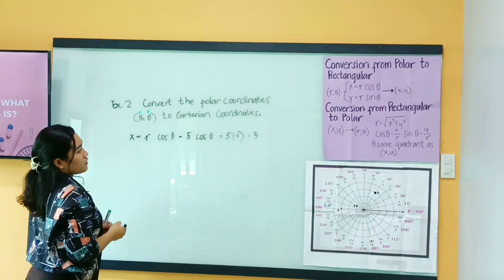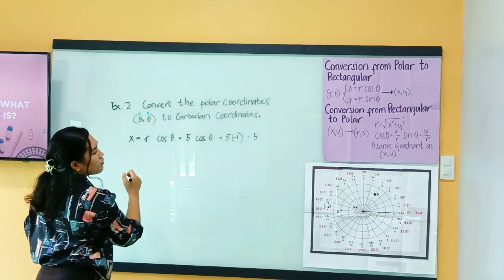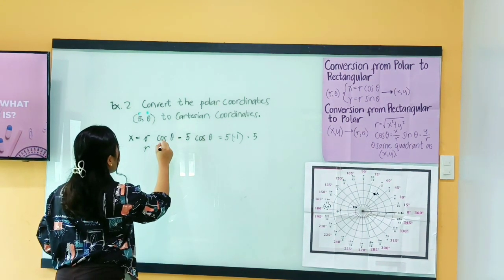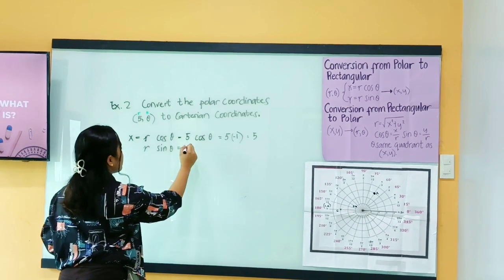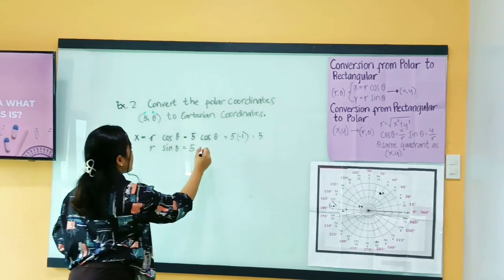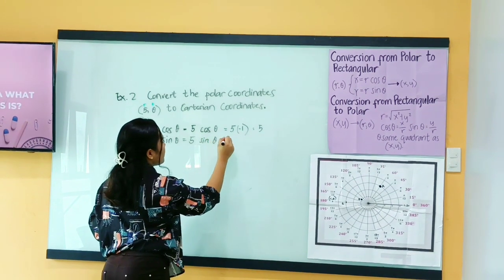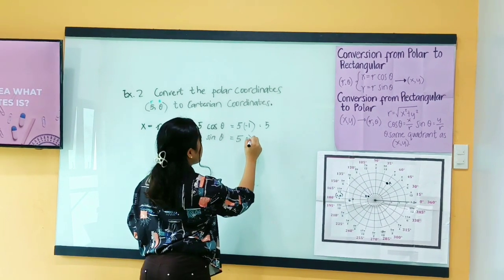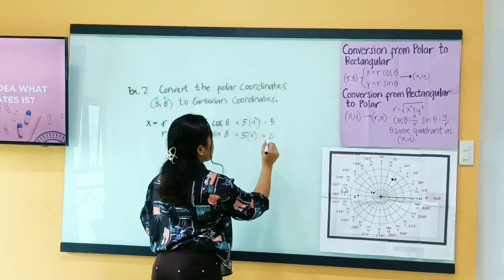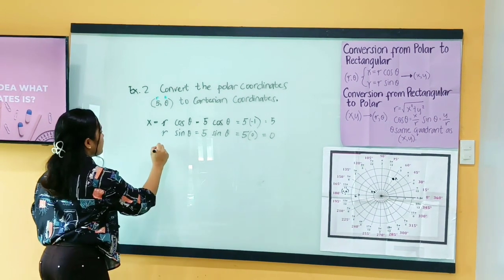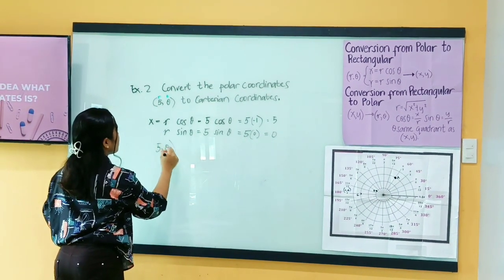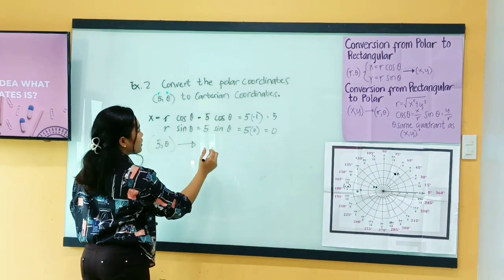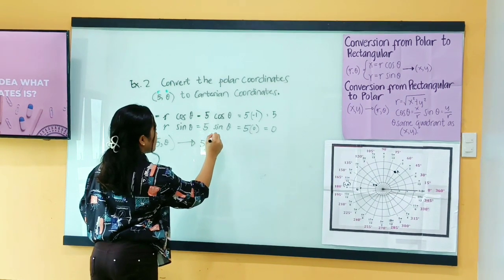Next, y equals r sine theta, we substitute 5 sine theta, and our sine here is 0. So 5 times 0 is 0. So the polar coordinate and its Cartesian is negative 5, 0.